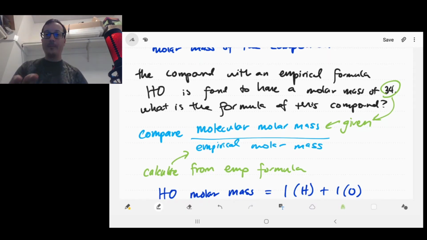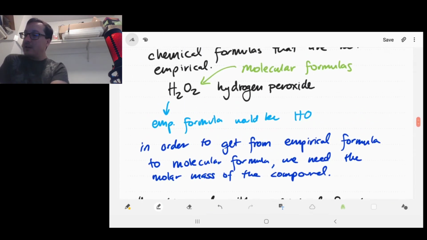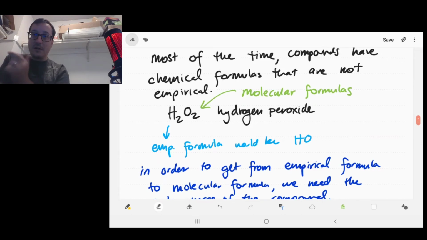So, cool. When we are given an empirical formula, or we've calculated it, sometimes we're going to see that a real molecule might have a non-empirical formula. So an empirical formula, remember, has to be the lowest ratio, HO, for example.